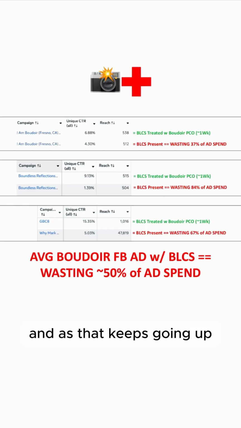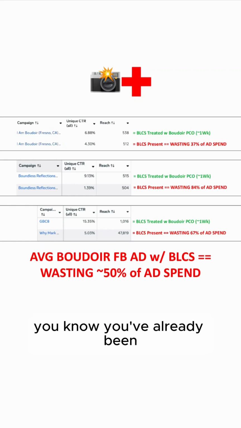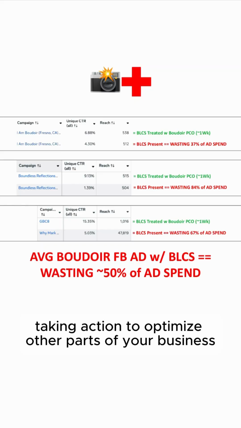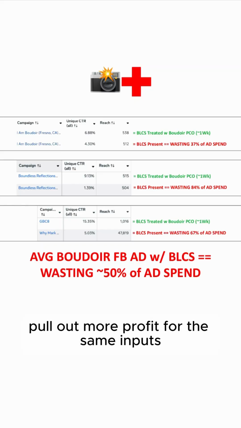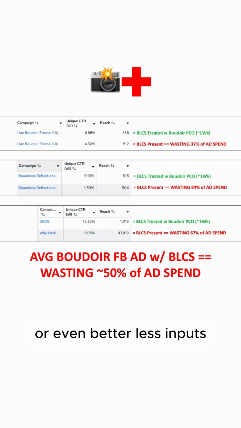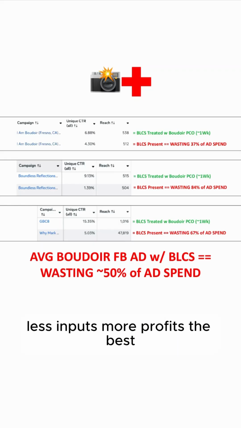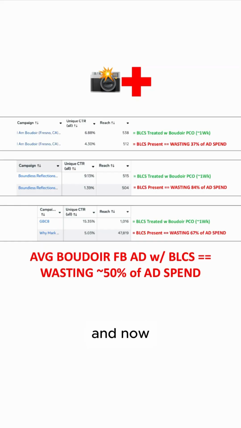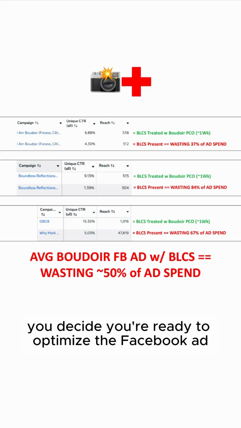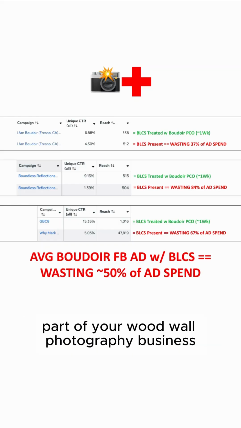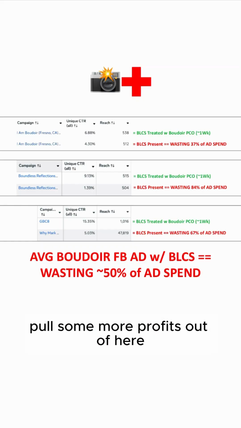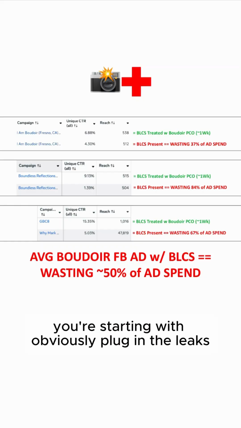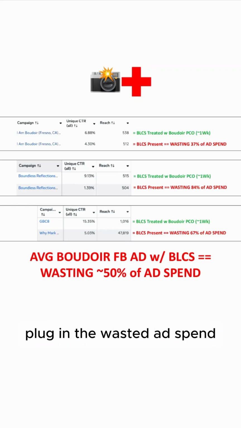And as that keeps going up, you've already been taking action to optimize other parts of your business, pull out more profit for the same inputs or even better, less inputs, more profits, the best. And so you've been optimizing other places in the business, and now you decide you're ready to optimize the Facebook ad part of your boudoir photography business. Pull some more profits out of here. You're starting with, obviously, plugging the leaks, the wasted ad spend.